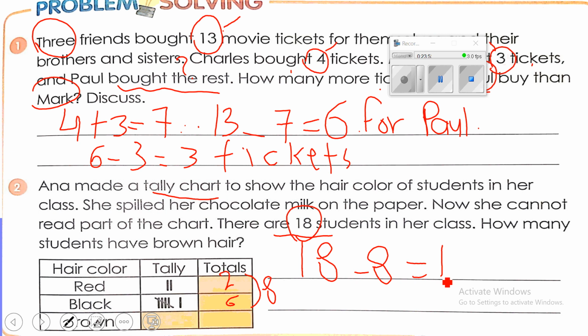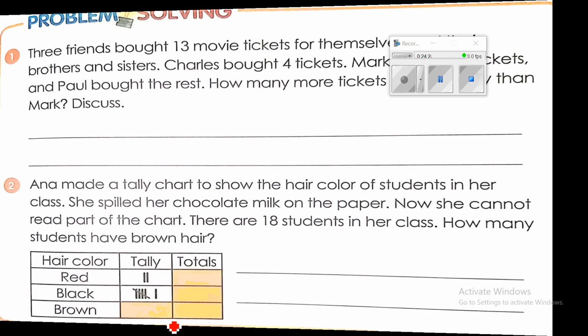Excellent, I'm skipping by 10. 10 is the brown. So here I'm writing 10. And here I'm drawing 10 sticks. Let's do it. 1, 2, 3, 4, 5, 6, 7, 8, 9, 10. Exactly. Let's see the next one.